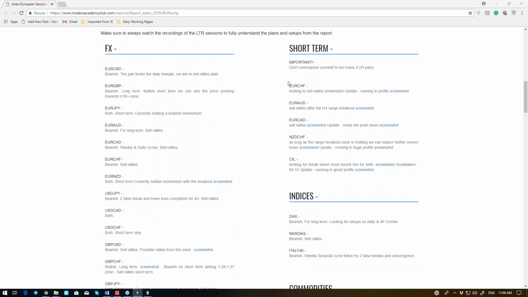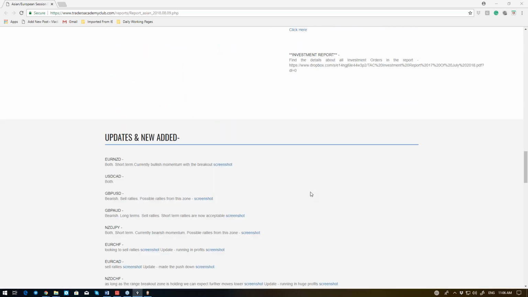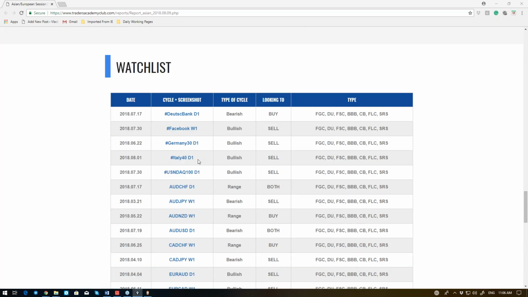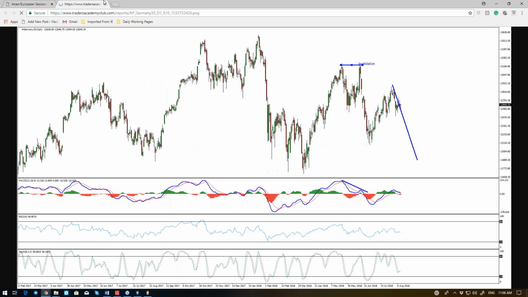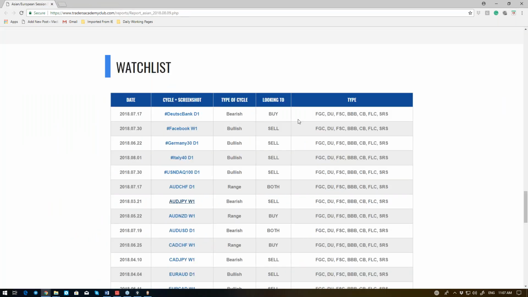It's separated by subjects: forex, short-term indices, commodities, CFDs, and cryptos. Investment report is the last one we have, and the watch list. On the watch list, you just click on any of the instruments you would like to see, and you get the idea. Okay, now there's a screen, so I hope you saw that.